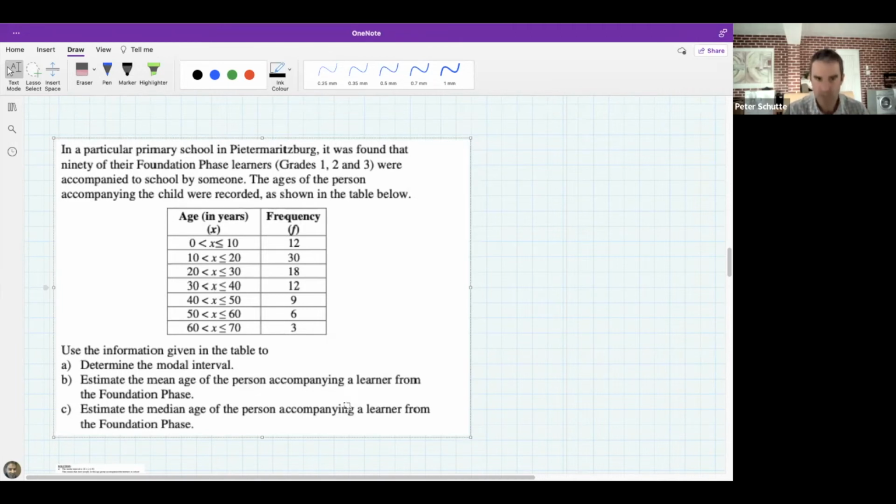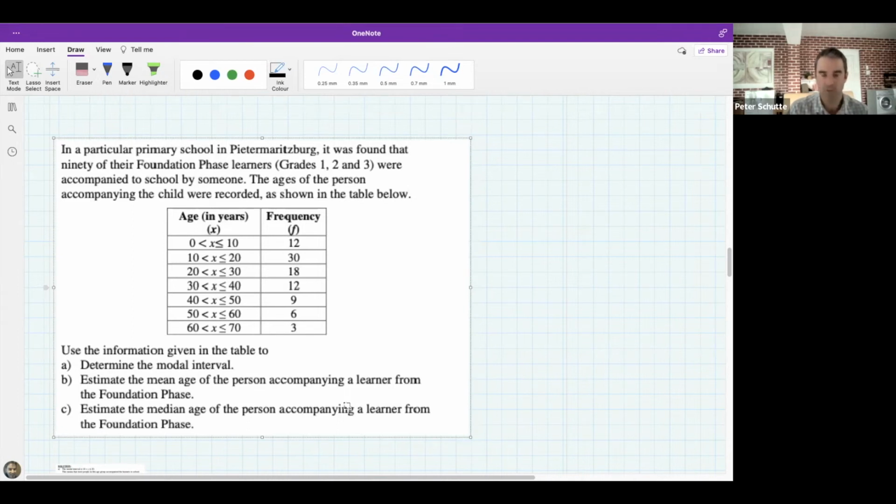So the first interval says there were 12 people in the 0 to 10 age range who were accompanying these foundation learners. Then the second interval says there were 30 people who were between the age of 10 and 20 who were accompanying these learners.